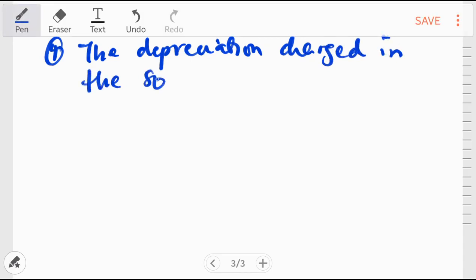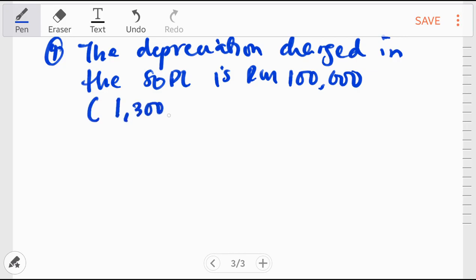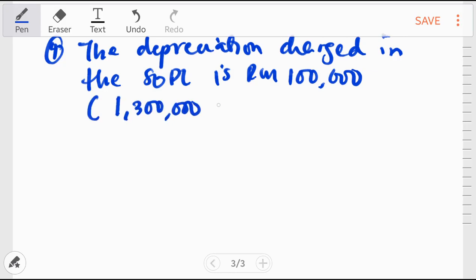In the SOPL for that year, 2017 here, is 100,000. How do you get 100,000? Take the 1.3, the carrying amount, divided by the remaining useful life, and the remaining useful life was 13.